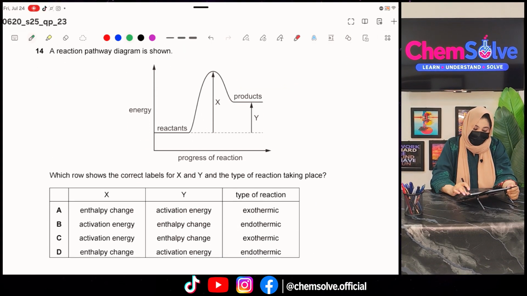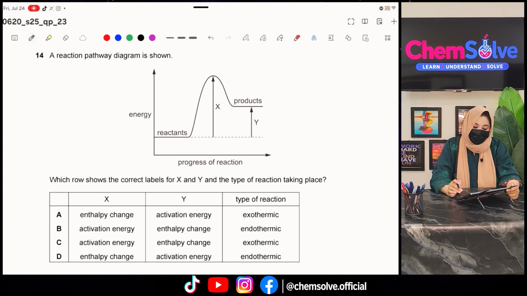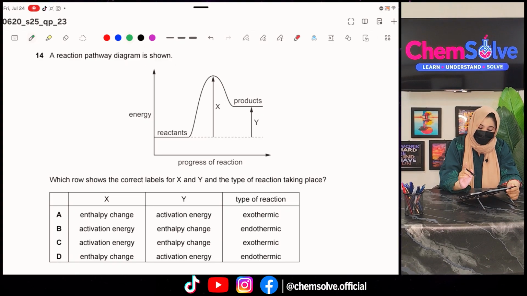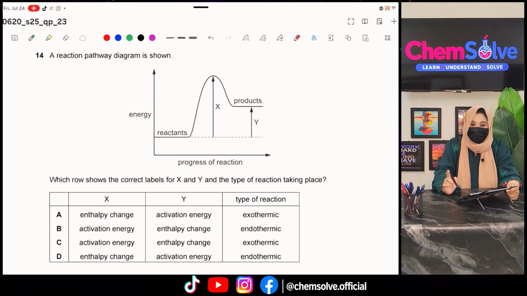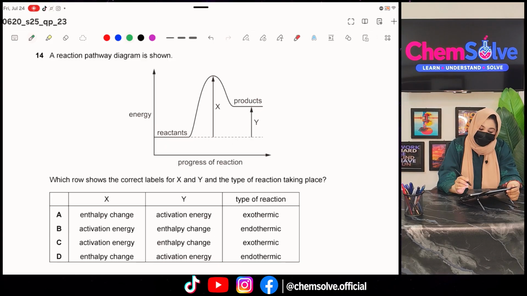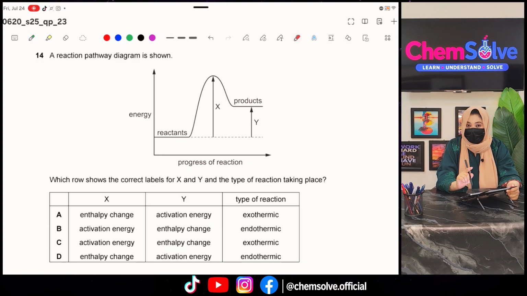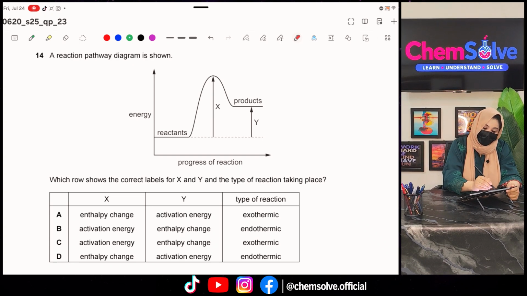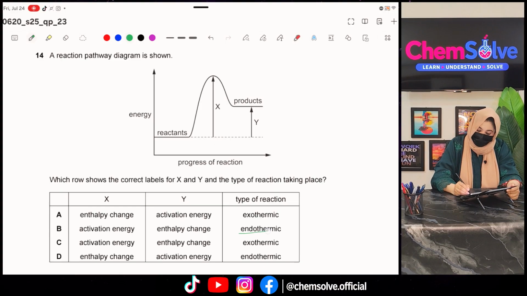Now look at question number 14. A reaction pathway diagram is shown. Which row shows the correct labels for X, Y, and the type of chemical reaction taking place? Okay, first of all, I will see what is the type of the reaction. Reactants are at a low energy state and products are at a high energy state. So this is for an endothermic reaction, when reactants have to absorb energy. That's why they are at the low energy state. So this reaction is endothermic. So I have to choose endothermic.